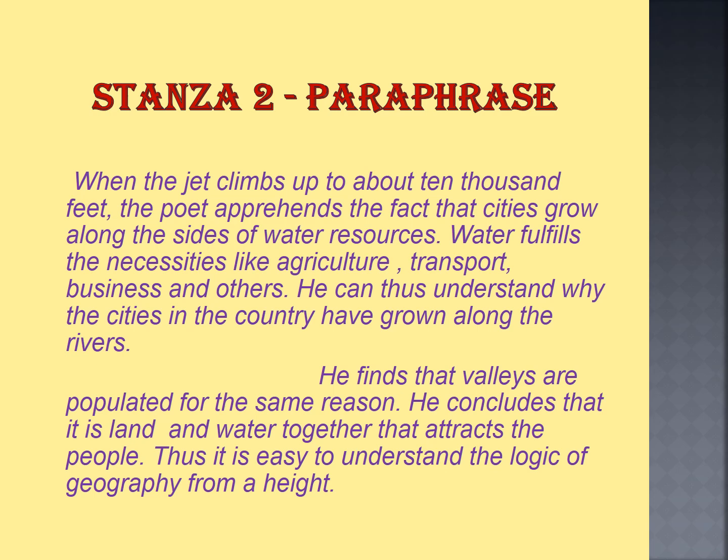He can thus understand why the cities in the country have grown along the rivers. He finds that valleys are populated for the same reason. So he concludes that it is land and water together that attracts the people. Thus, it is easy to understand the logic of geography from a height.